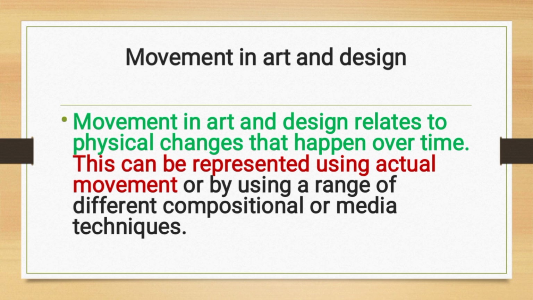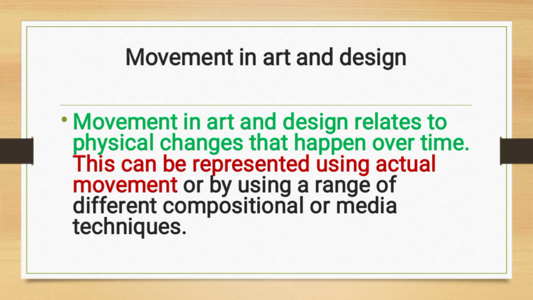Now, when we say actual movement, we might be talking about when something changes position from one place to another, using an element that ranges from one place to another on a particular surface.